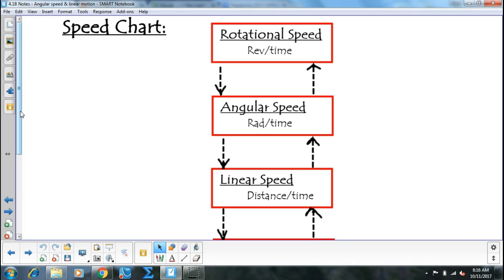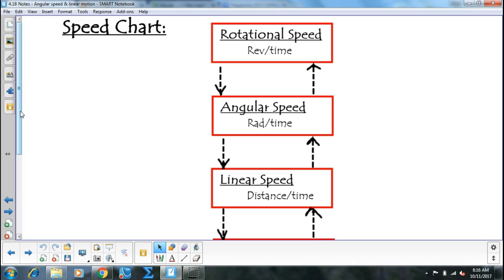For instance, if I have revolutions, 7 out of 8 problems are going to start with a motor running at 2,000 RPM, let's say. That's revolutions per minute, so that's going to be rotational speed.